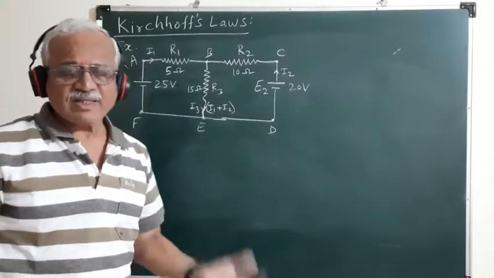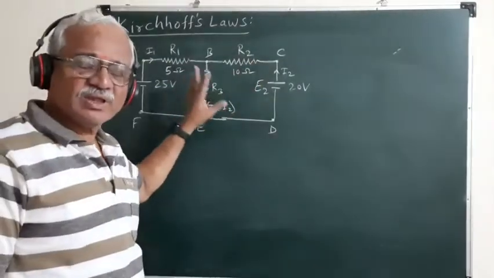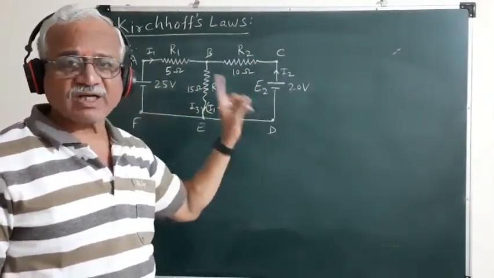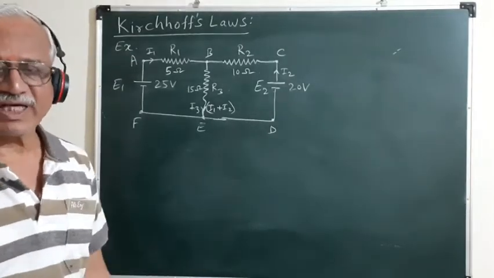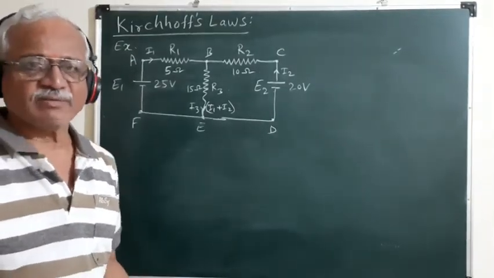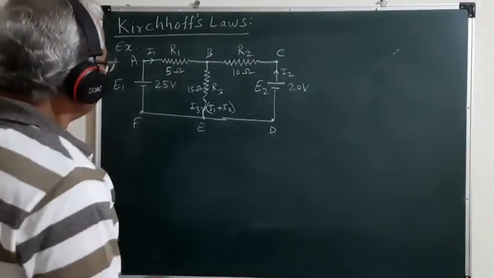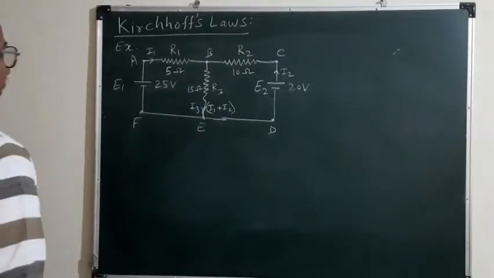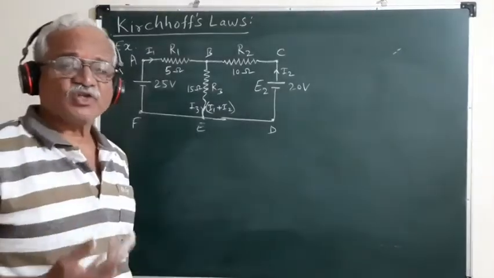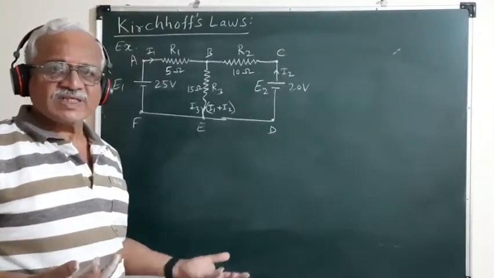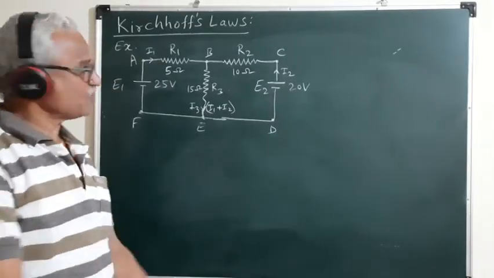If by some means we can find the currents flowing through the different branches of this network and the potential drops across them, that is nothing but analyzing a given network. This can be done by using Kirchhoff's laws: first, Kirchhoff's current law, and second, Kirchhoff's voltage law.